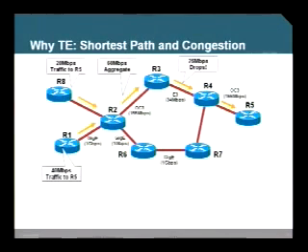This is an example, just to motivate what traffic engineering is. This guy wants to send 20 Mbps traffic to R5. He also wants to send 40 Mbps traffic to R5. Looking at the topology, we could see that this is the shortest path, right?